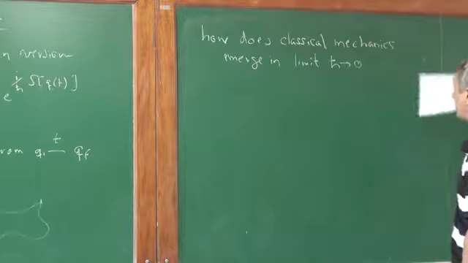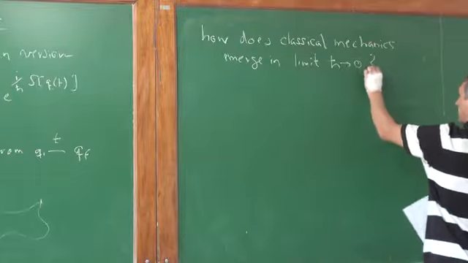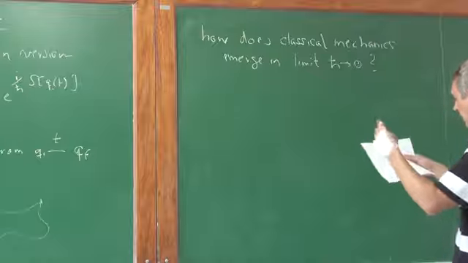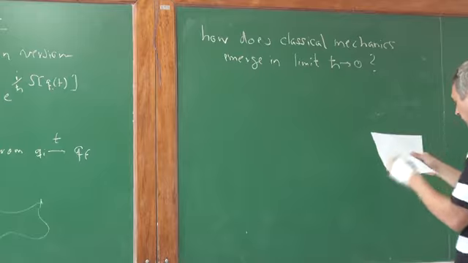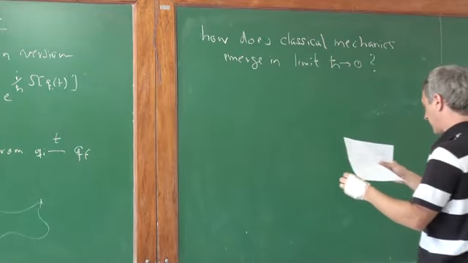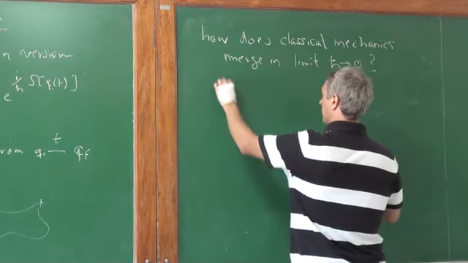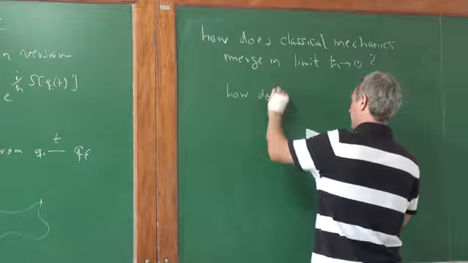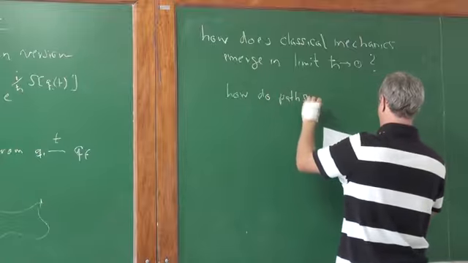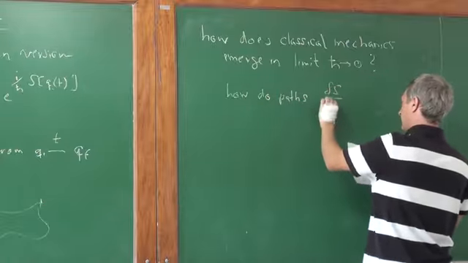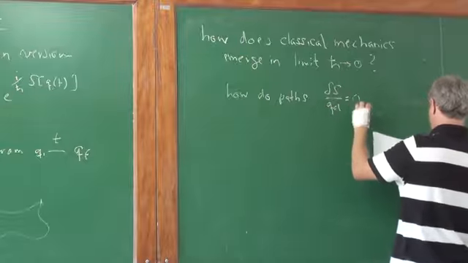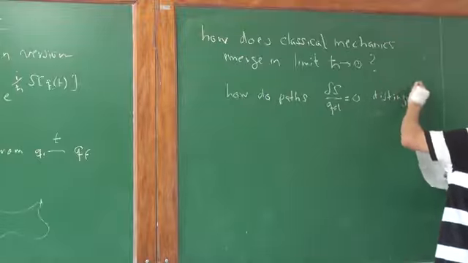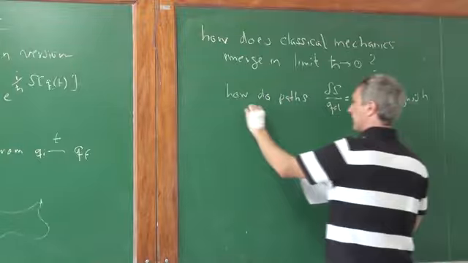This is the question we want to ask: how does classical mechanics emerge in the limit h bar to 0? What are some reminiscences of quantum mechanics? Technically, one can ask how paths which extremize the action distinguish from generic paths.